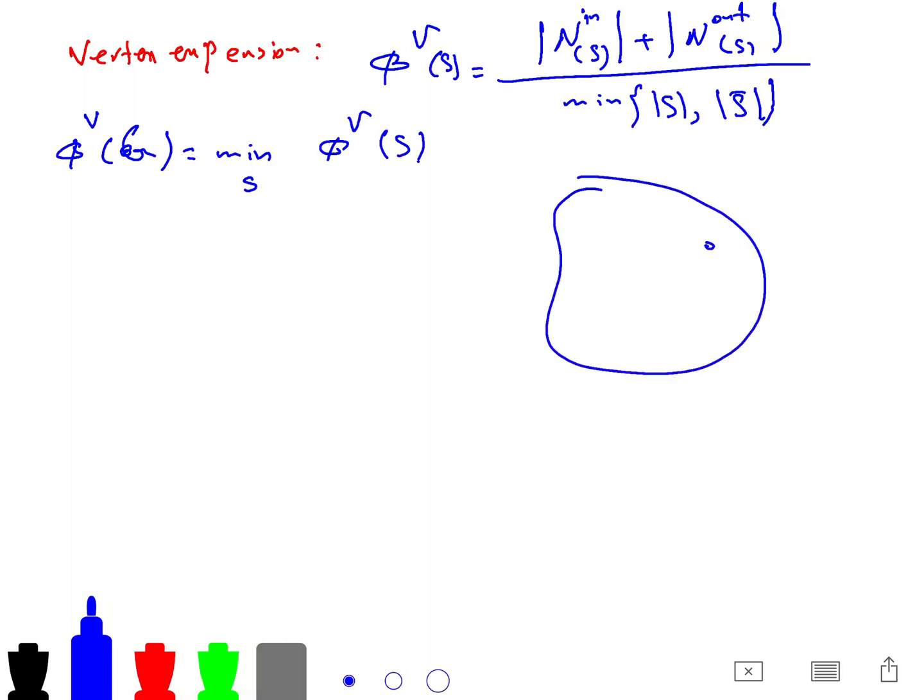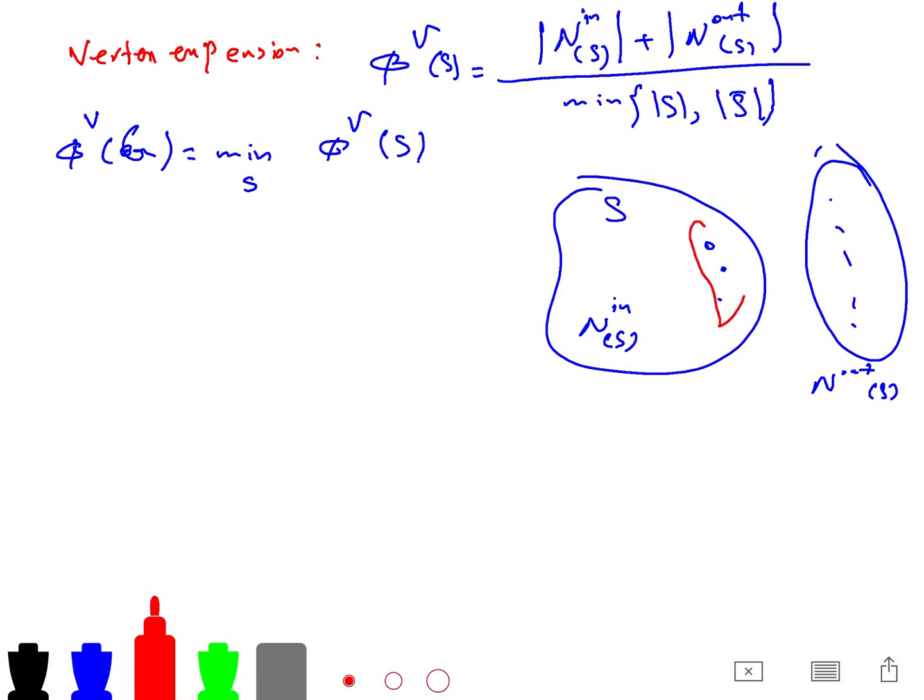So here you have some S, you have some internal neighbors of S, and then some outside neighbors of S. And then you want to see how many. For example, why this is important: if each of these vertices goes to 2, 2, 2, 2, you will see that it is using the vertices.